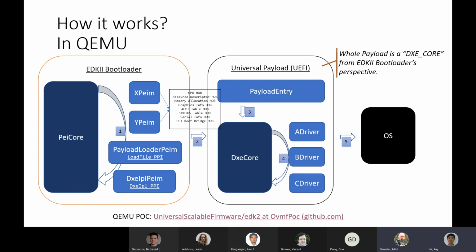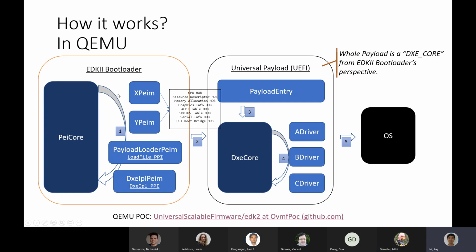Okay, so this picture explains how the flow looks and how it works on a QEMU platform, and you can click this link to look at the POC code. With the universal payload concept, the whole binary will be divided into two parts.